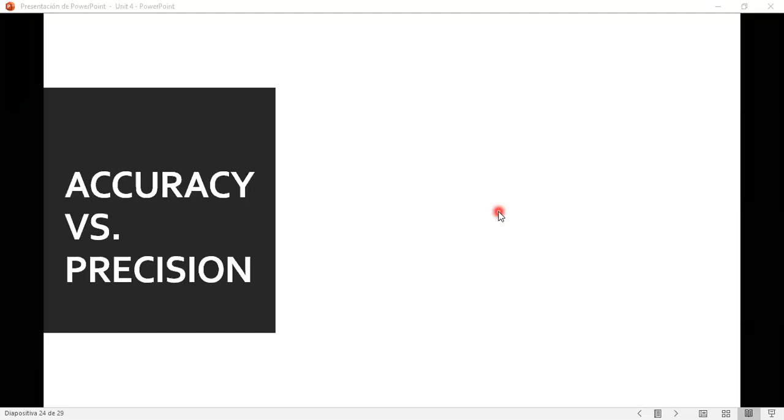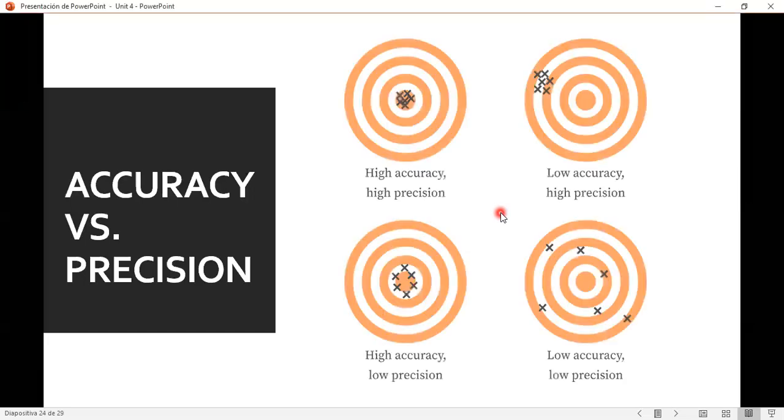Okay. Sounds great. Now I'm going to show a picture. I want to look at it. We have four different targets, and they compare accuracy and precision. If you see the first circle, you might see high accuracy, that all the crosses are in the center of the circle.